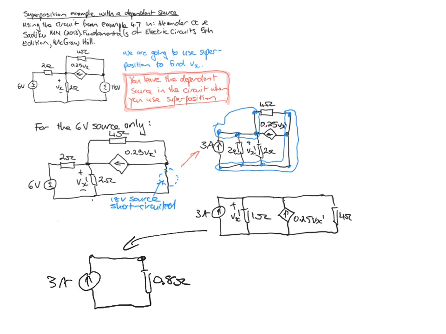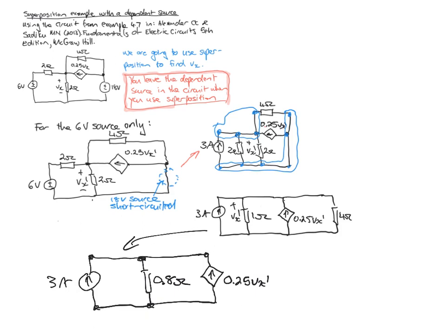And we still have the dependent current source of 0.25 Vx dashed.